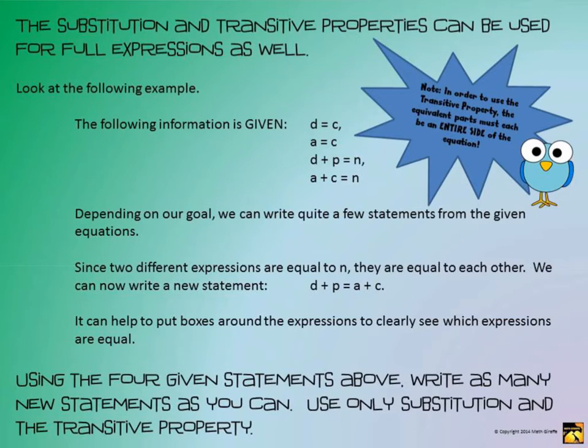Since two different expressions are equal to N, they are equal to each other, so we can say these two are equal to each other. So D plus P equals A plus C. Sometimes it does help to put boxes around those. See if you can write 4 different statements, writing really as many as you can on your whiteboard, and then checking with each other, did you make an equal statement?